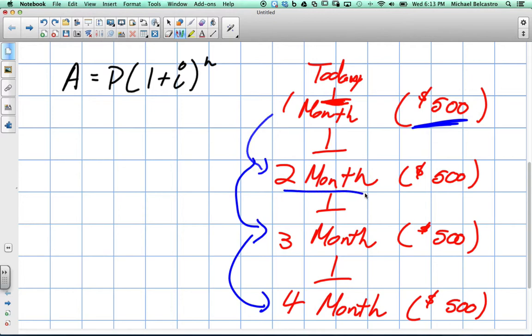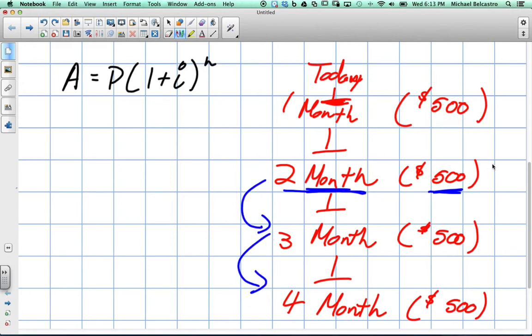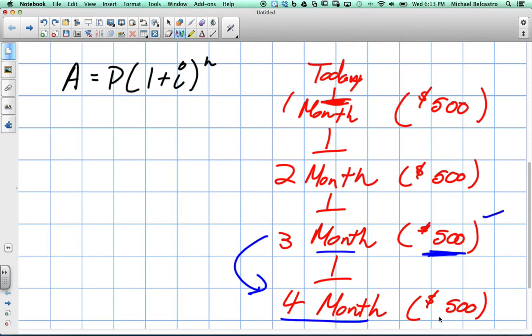And then at the end of month 2, this amount for 2 months is gaining interest. And then at the end of month 3, because we're putting in 500 every month, this one for an entire month gains interest. And then at the end of month 4, we plug in $500 and it doesn't have the time to accrue interest yet.